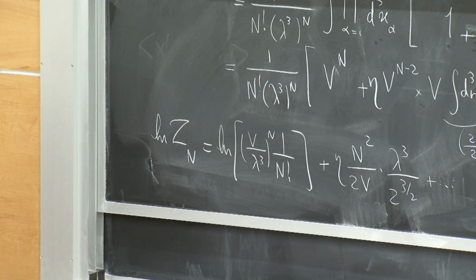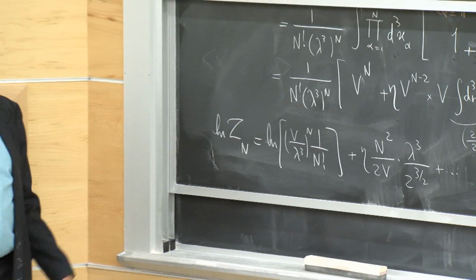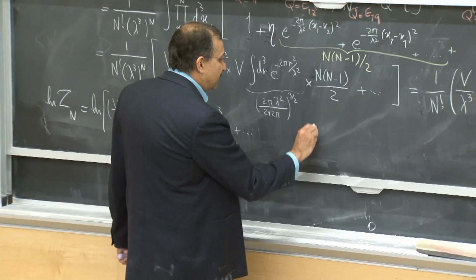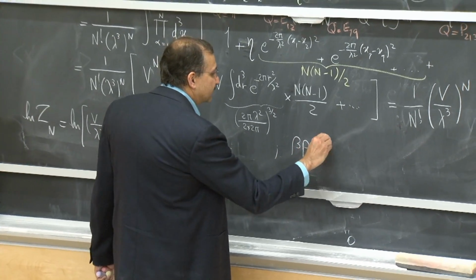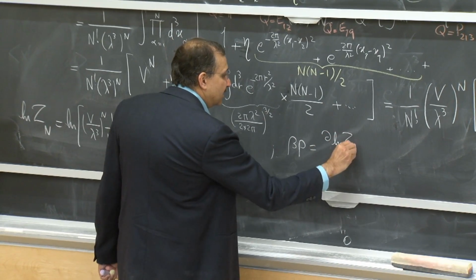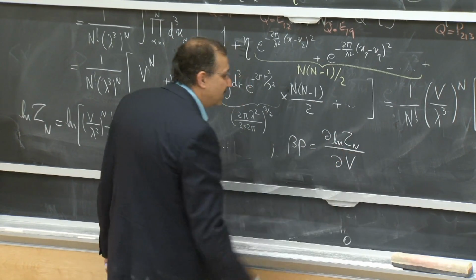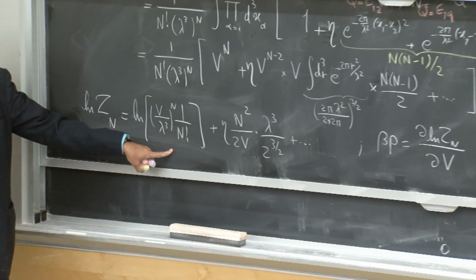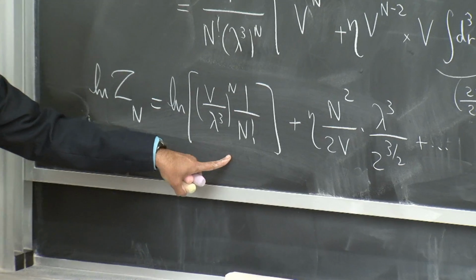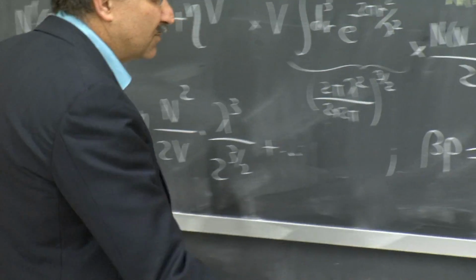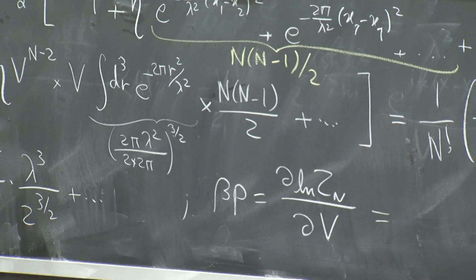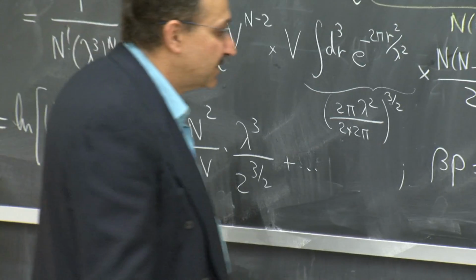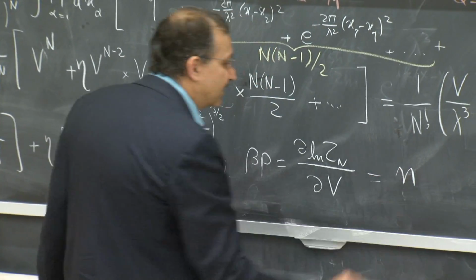What does this mean? Once we have the partition function, we can calculate pressure, reminding you that beta p was d log z by dv. The first part is the ideal gas that we had looked at classically. So once I go to the appropriate large n limit of this, what this gives me is the density, n over v.